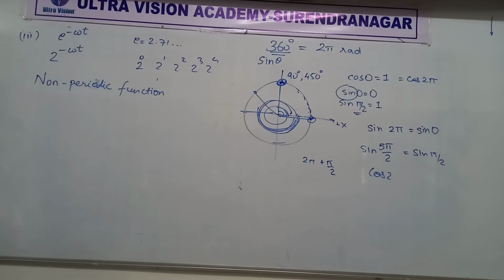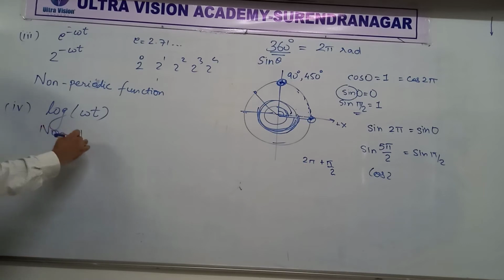Okay. Now the last one. It is with logarithm. Okay, same problem here. Log omega t. Okay, log is once again not something that would repeat itself. Okay, so because again log doesn't repeat itself, we can just say non-periodic, right?